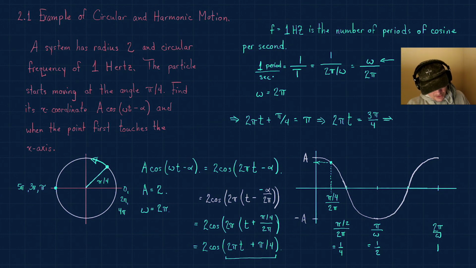If we keep going, we're going to divide both sides by 2 pi, so we can say that t is equal to 3 over 8. 3/8 of a second is when the particle will have traveled and touched the x-axis.